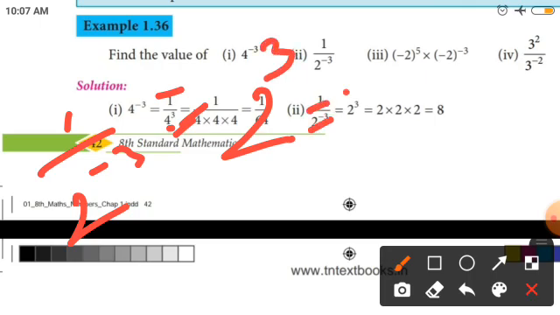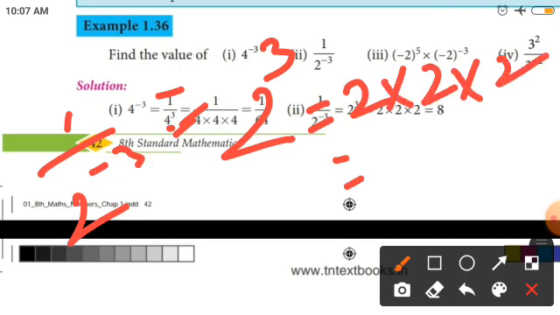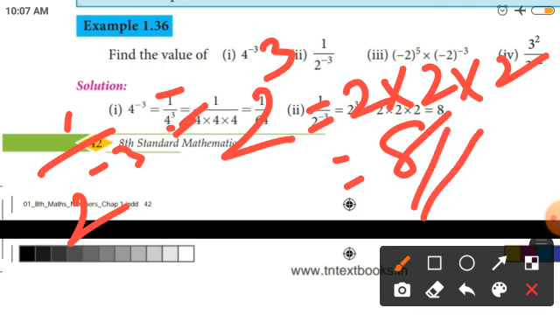That is equal to 2 into 2 into 2; 2 twos are 4, 4 twos are 8. The answer is 8.